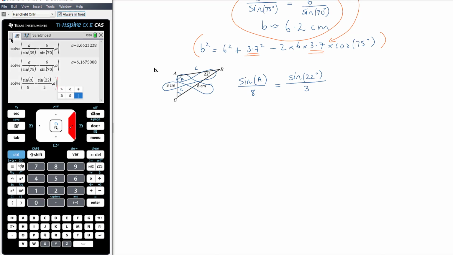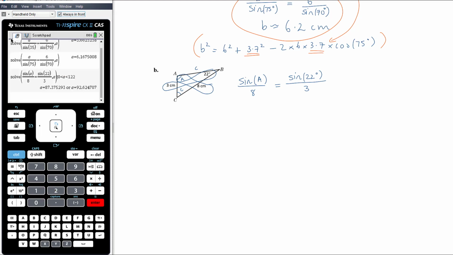So given that, let's think about what we know about A. We've already got 22 degrees in the triangle, so that means there's only 158 degrees left for the other two angles. I just did 180 minus 22 in my head there. So 0 is less than A, which is less than 158. Control Enter.